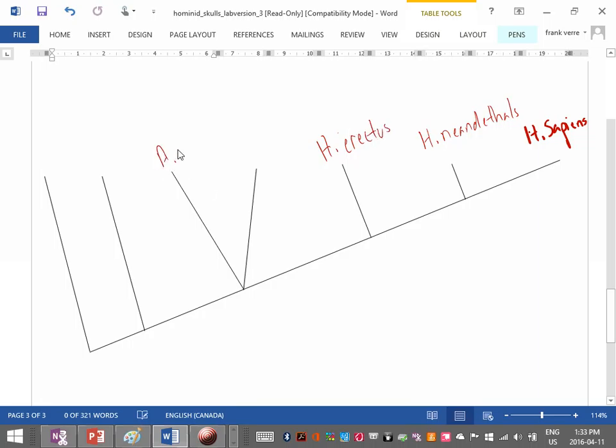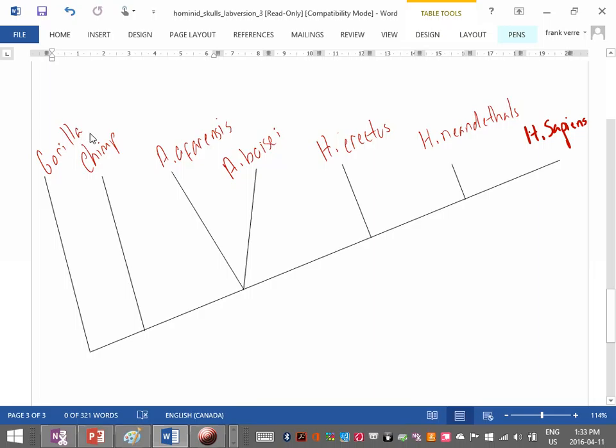And I'm going to put, I'll explain all of this in a second. I'm recording this, so. A. afarensis. And the other one was A. boisei, right? Okay. And then I'm going to put the chimp here. And the gorilla here. Okay.